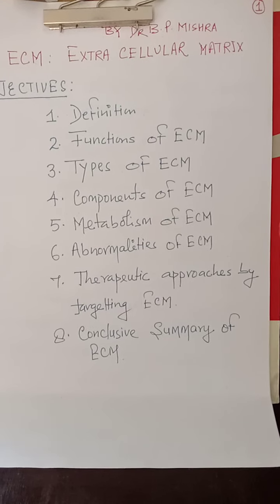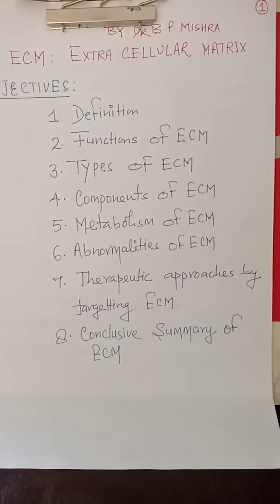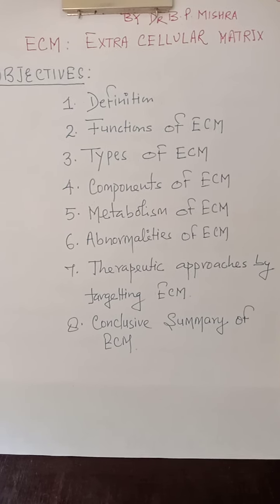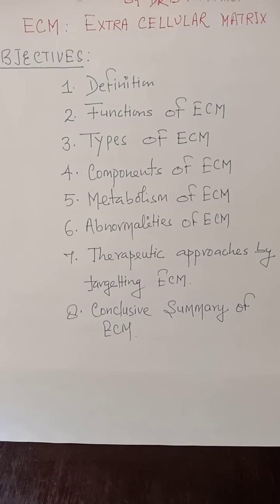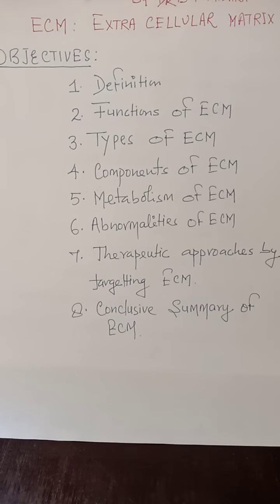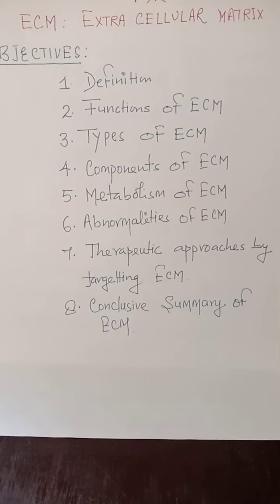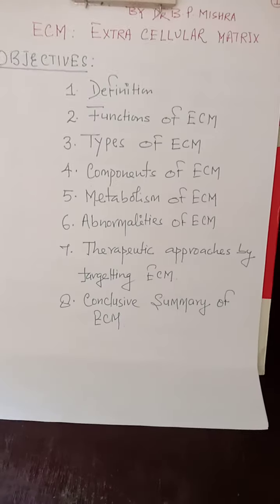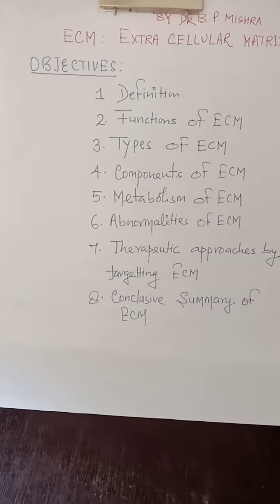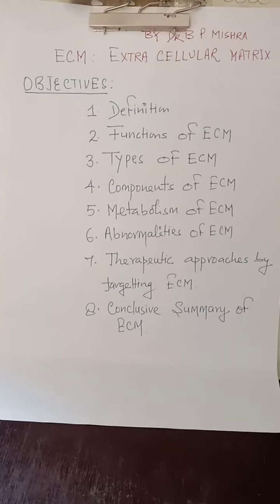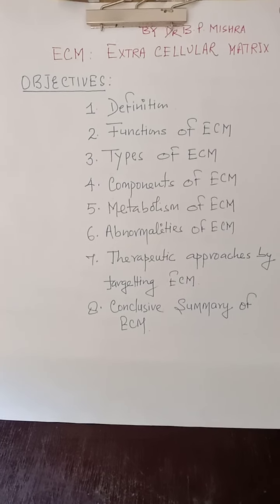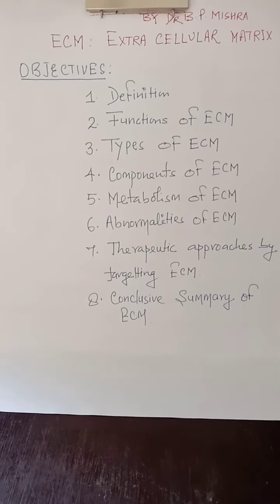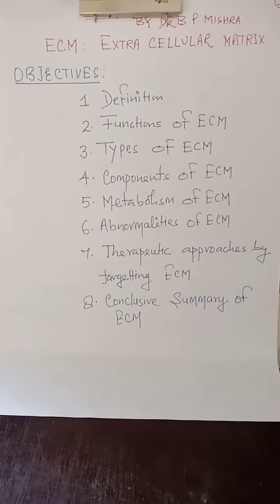I am focusing on this particular page. Okay, clear? Now one by one we will see. First, definition. Regarding extracellular matrix, you have to have one point, that is the connective tissues.